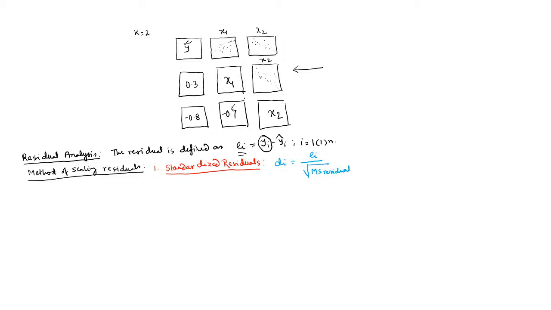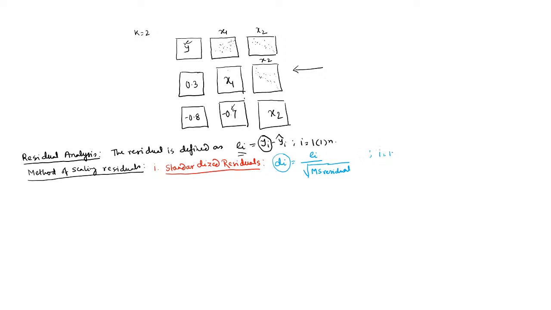The idea is that it looks like a Z score, and since MS due to residual gives the unbiased estimator of sigma square, this is a standardized value of ei, and we denote it by di, okay.